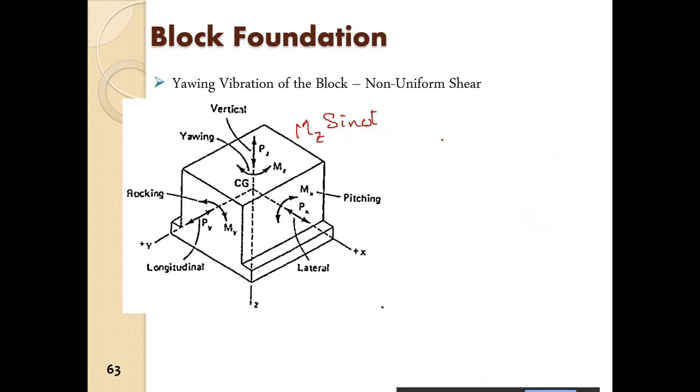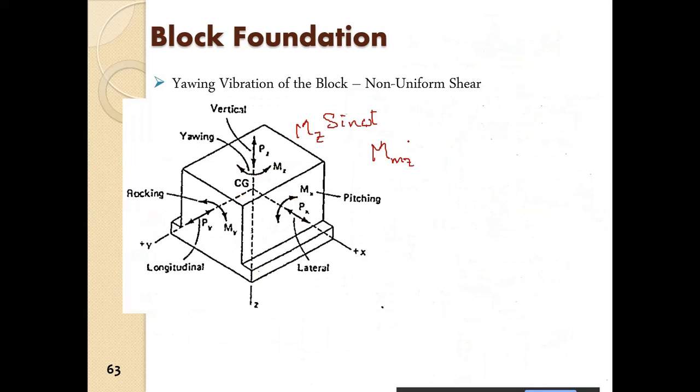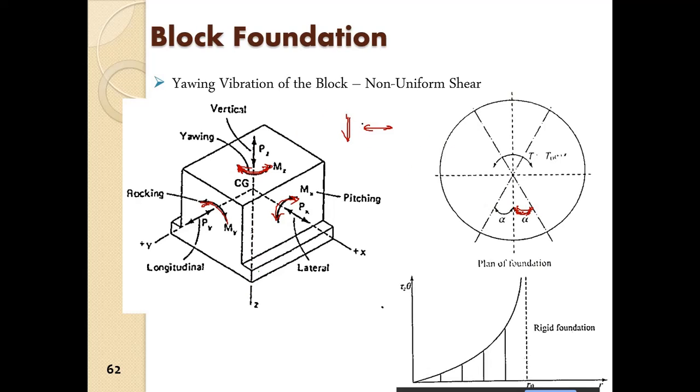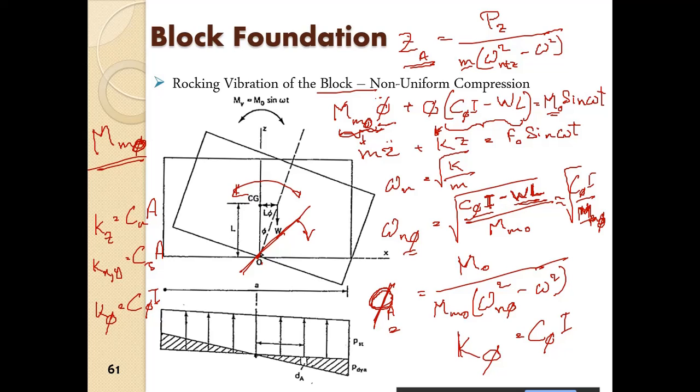We have the mass moment of inertia about the z-axis, into the angular acceleration. So if this is alpha, we can write angular acceleration.